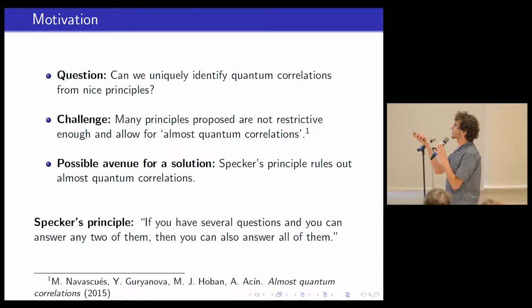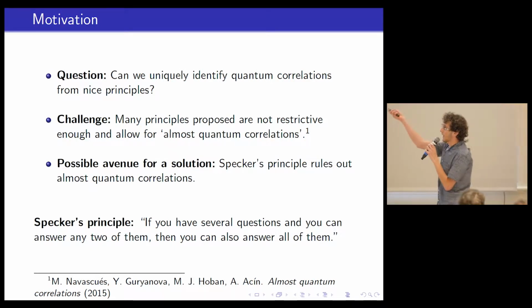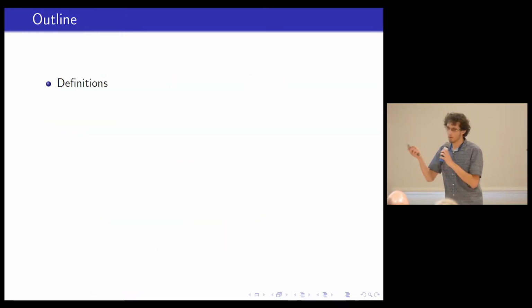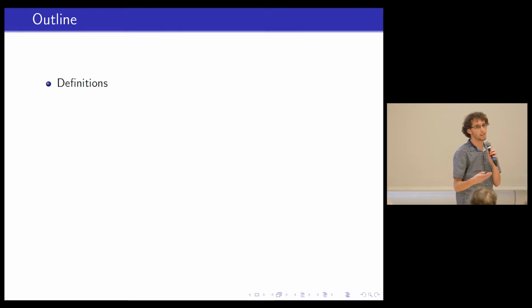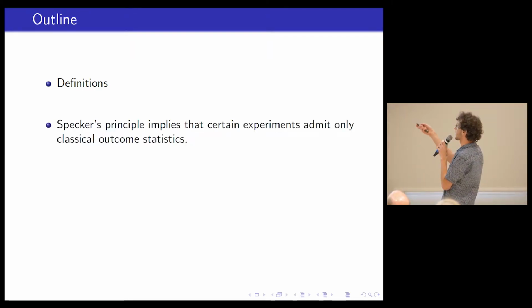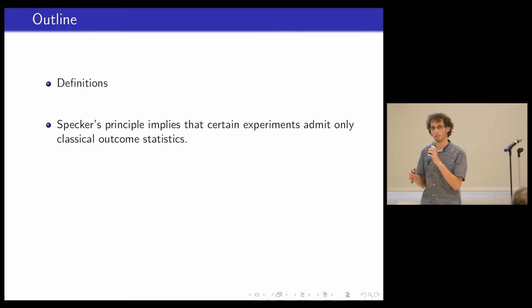Okay, so now let's see how we could arrive at such a conclusion. Here's the outline of the talk. First of all, I will define and describe some of the necessary ingredients that we will need to talk about this issue. And then we will go through the argument in quite a short time.